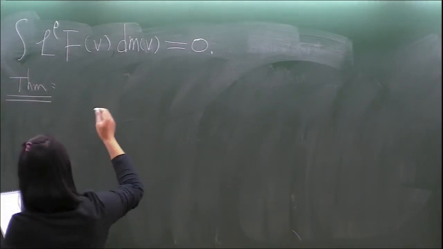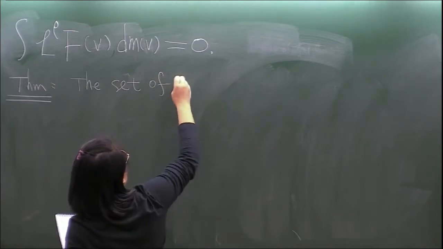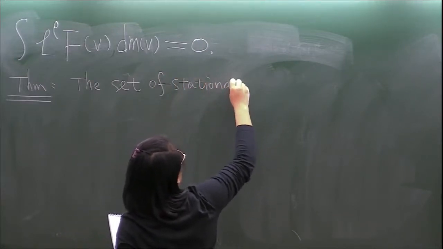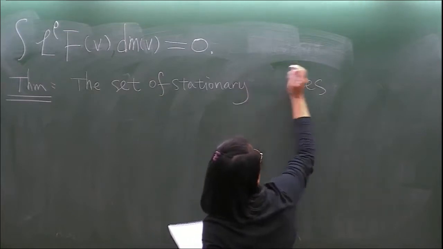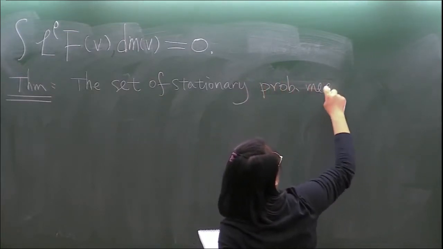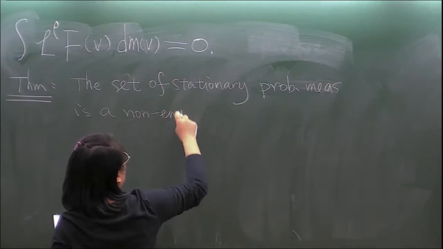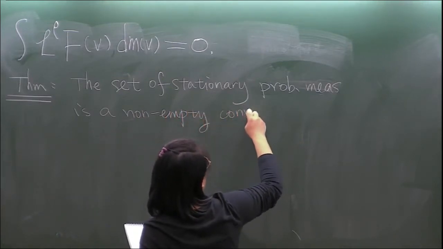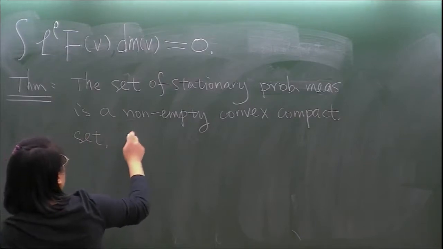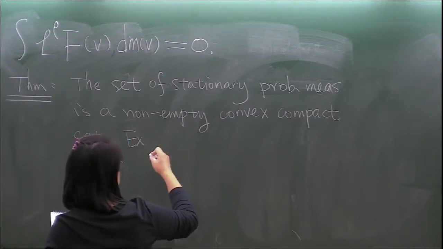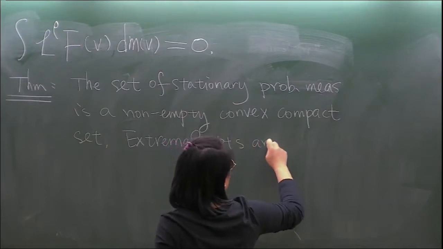So first, the set of stationary measures always exists, for this class actually, and more generally, the set of stationary probability measures is a non-empty, convex, compact set, and its extreme points are called ergodic.